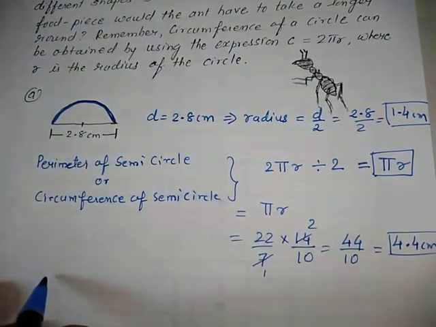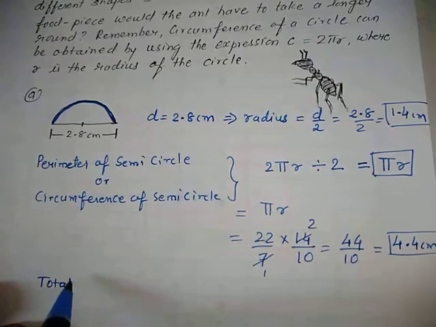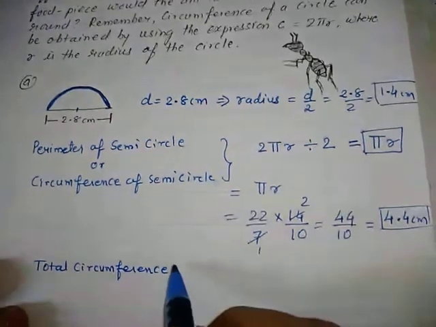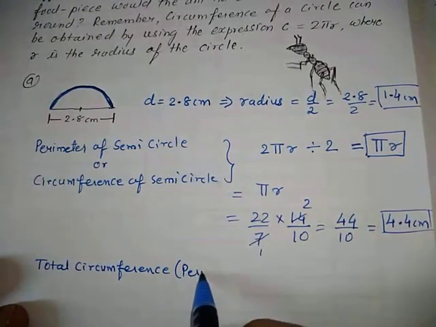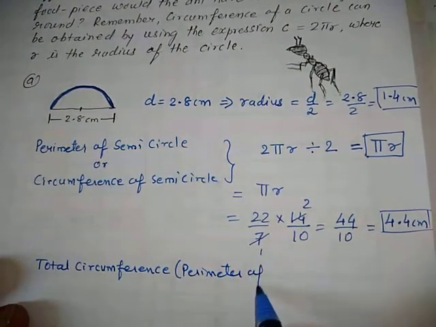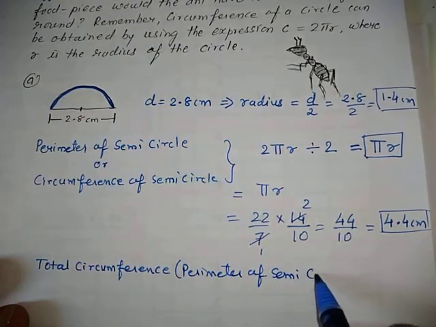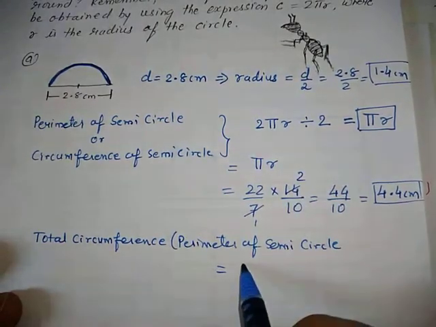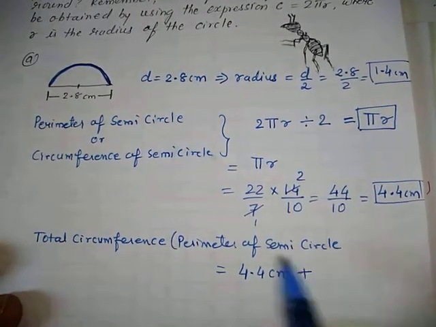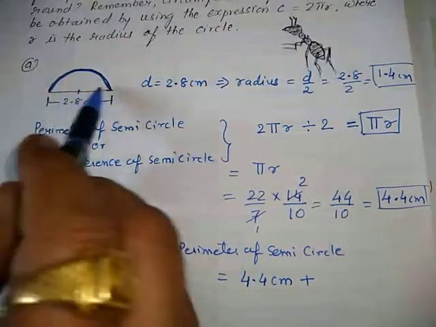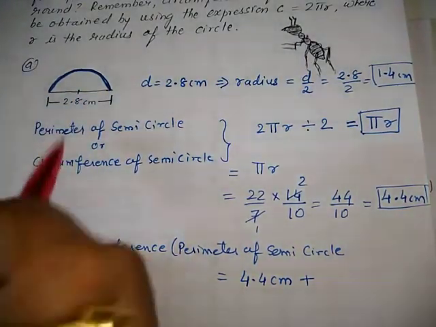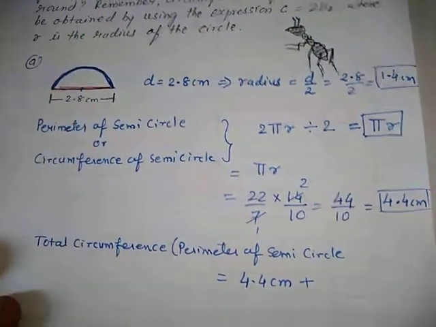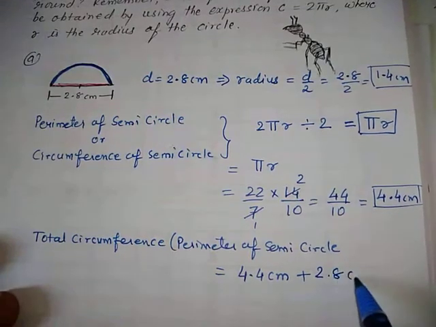So the total circumference or perimeter of the figure is equal to this one, that is 4.4 centimeter, plus this much part also, the red indicated part, it is going to travel, so 2.8 centimeter.